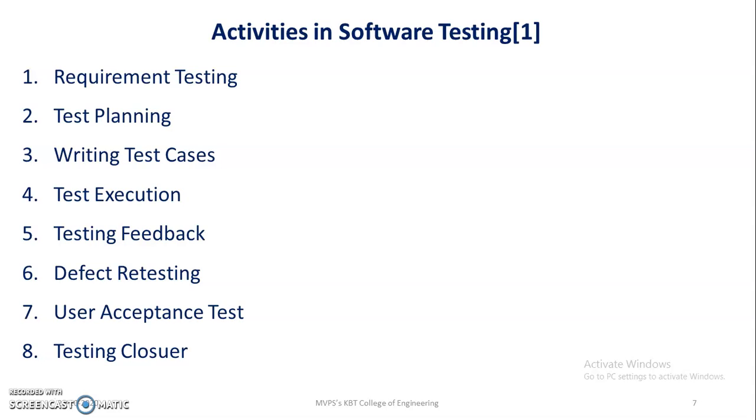So when the defect report is handed over to the development team, they fix it and report back to the testing team that the defect has been fixed, and after that it should be tested again by the testing team. So that activity is called defect retesting.